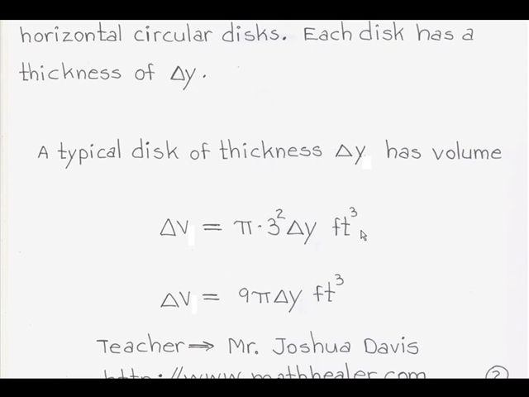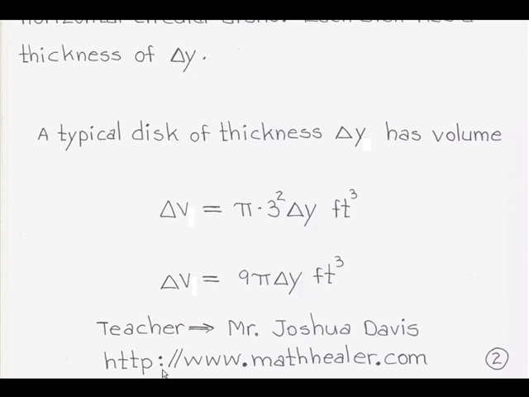And this is in cubic feet. After simplifying, we have that a representative volume of the disk is delta V equals 9 times pi times delta y. Again, this is in cubic feet.